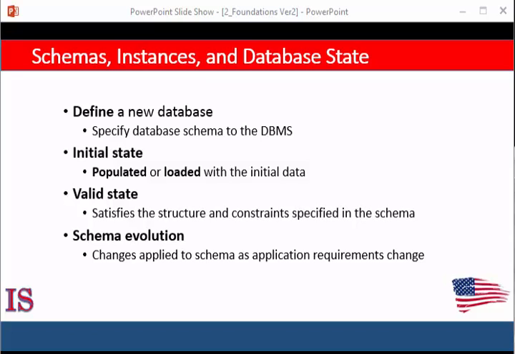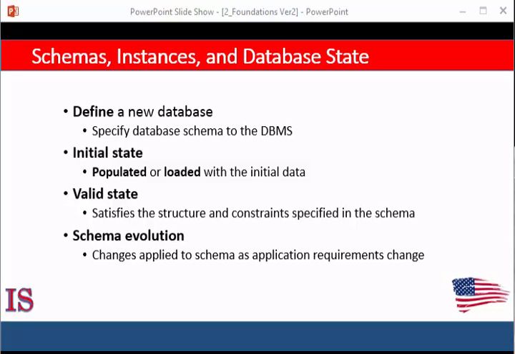The distinction between a database schema and a database state is very important. When we define a new database, we specify the database schema only to the database management system. At this point, the corresponding database state is an empty state with no data.